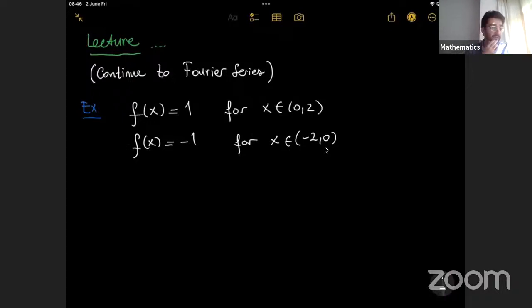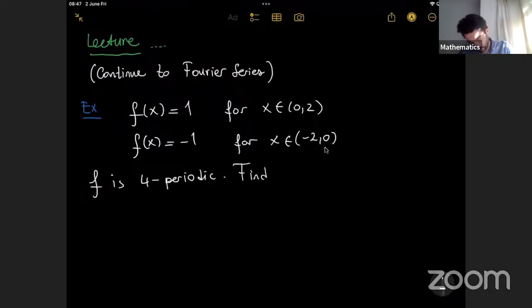And f is 4 periodic. That means every 4 units, it will repeat itself. And the question is, find the Fourier series.